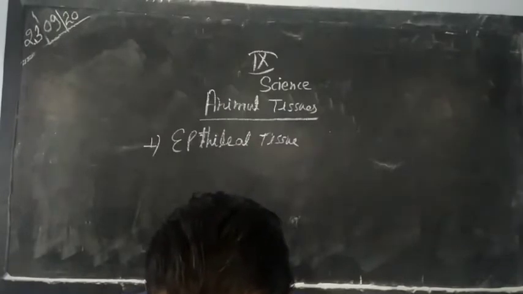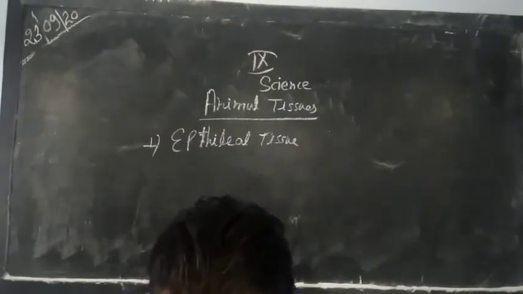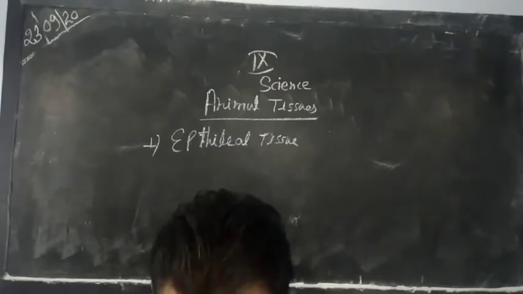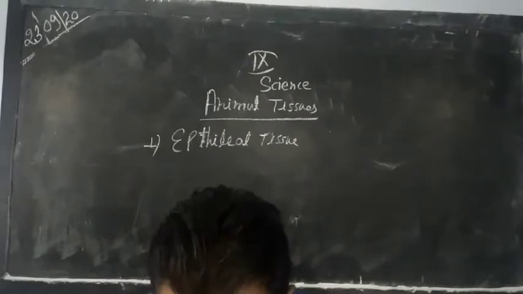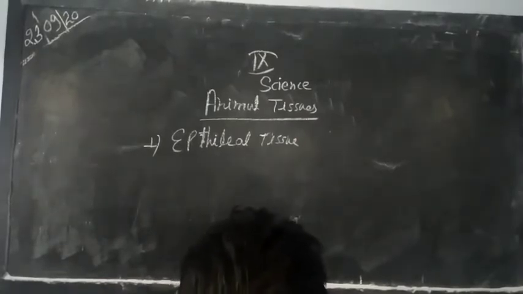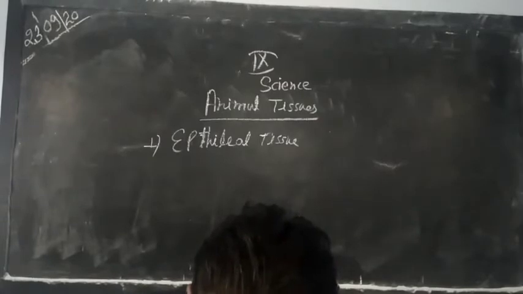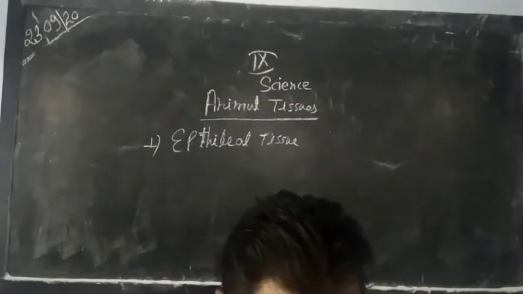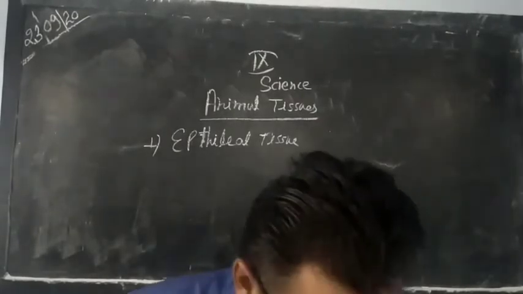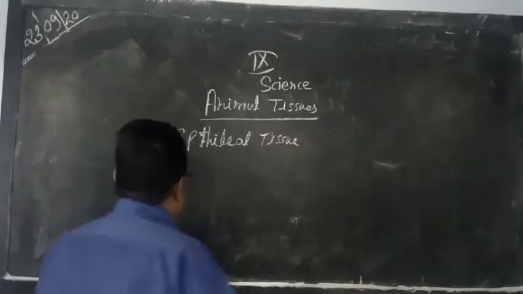So it is the covering or protecting tissue, epithelial tissue. It covers most of the organs and cavities in our body. These epithelial cells are tightly packed and form a continuous sheet. Let's see the epithelial cell.